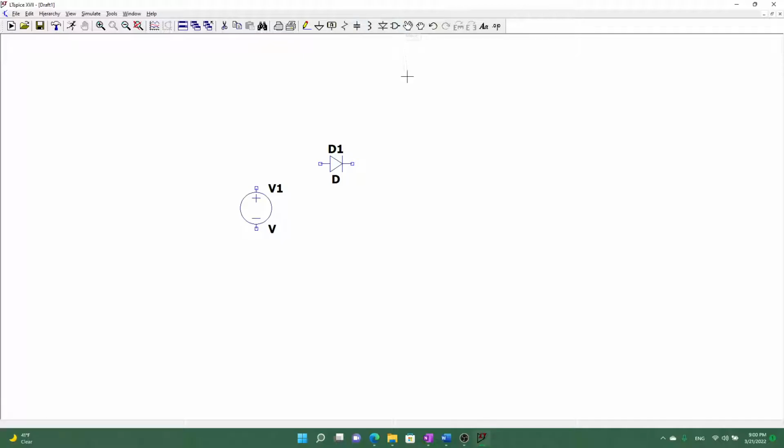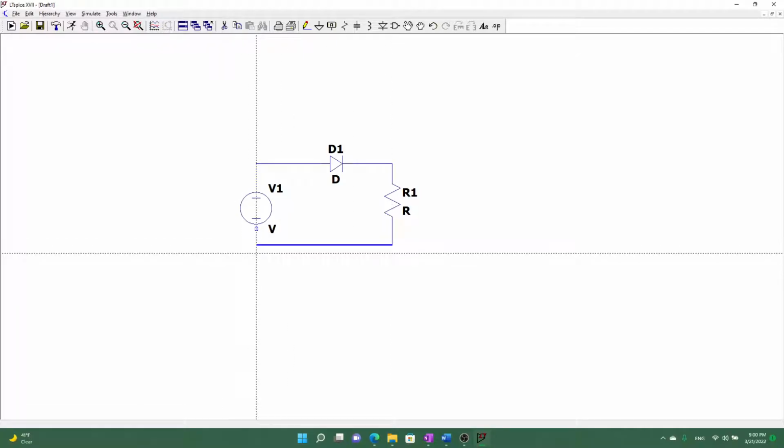And this diode is of course linked to a resistor. Just press R on the keyboard if you want to get a resistor. It's very simple. So this is our circuit. And of course we cannot forget about the ground node, otherwise the simulation will not work.